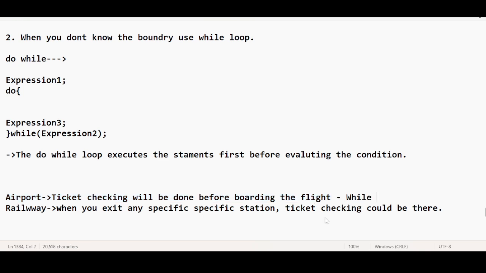The while loop. This railway station checking, in Indian Railways, usually they don't check your tickets when you are entering the station, but at the time of exit, after reaching your destination, there are high chances that you will end up meeting a ticket collector. This is called as do while.